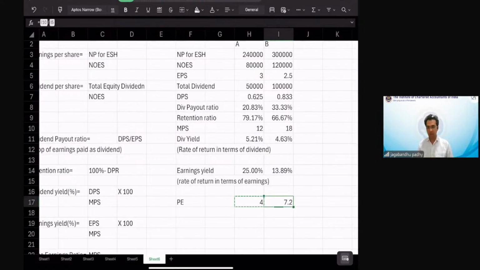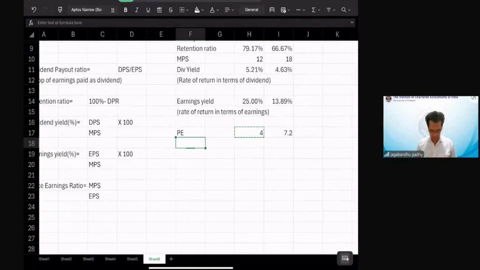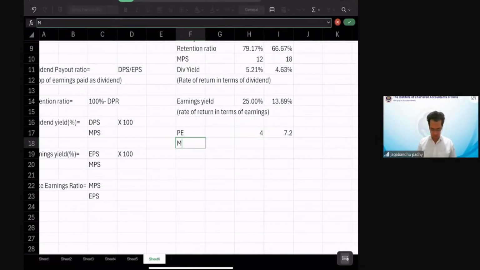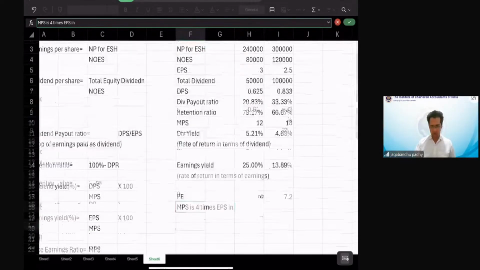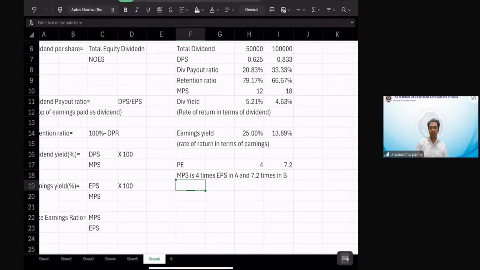Here it is 4 and here it is 7.2. So this 4 means MPS is 4 times EPS in A and 7.2 times in B.